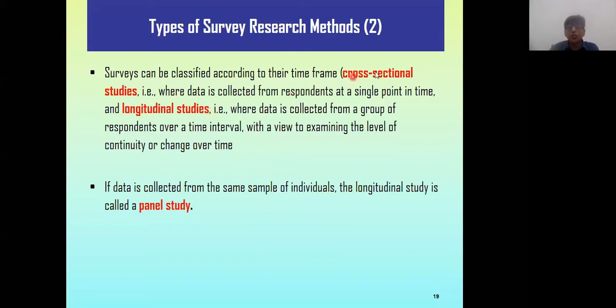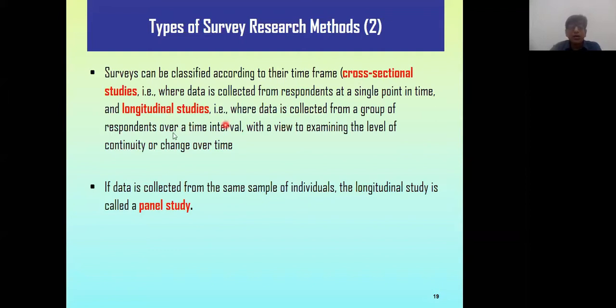So there are two types of studies: cross-sectional, once at a point in time, and longitudinal, where you collect data from the same respondents at different times during your research survey. For example, if the research lasts 3 years or 1 year, during that time you may be required to collect data from the same people again and again.